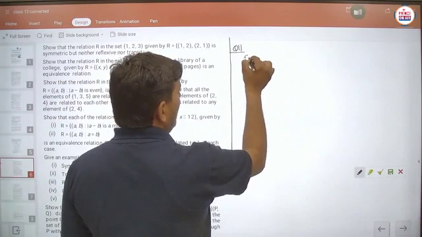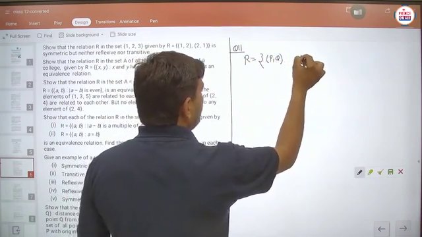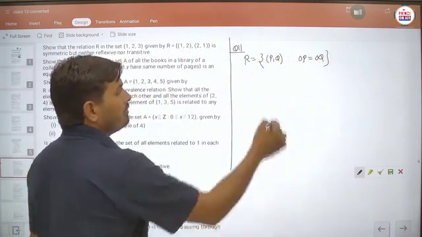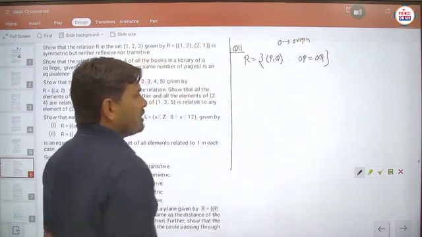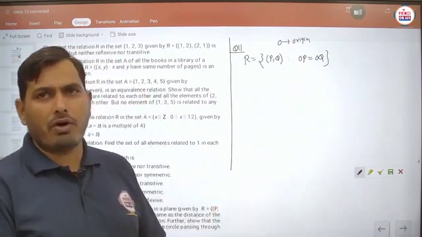So this relation R is given as (P, Q) such that OP = OQ, where O is the origin. It is given in the language that the distance of point P from the origin and the distance of point Q from the origin are always the same.